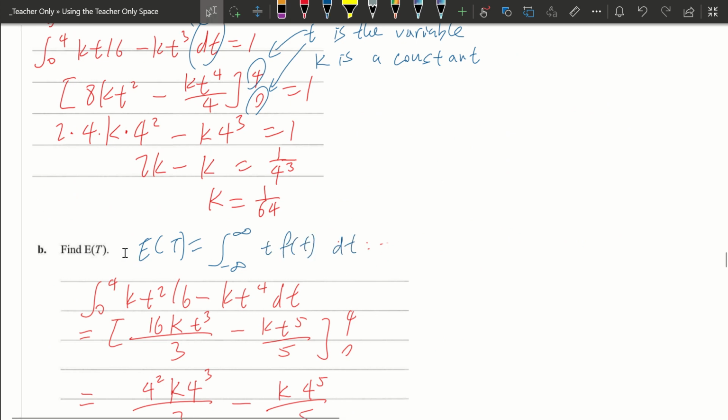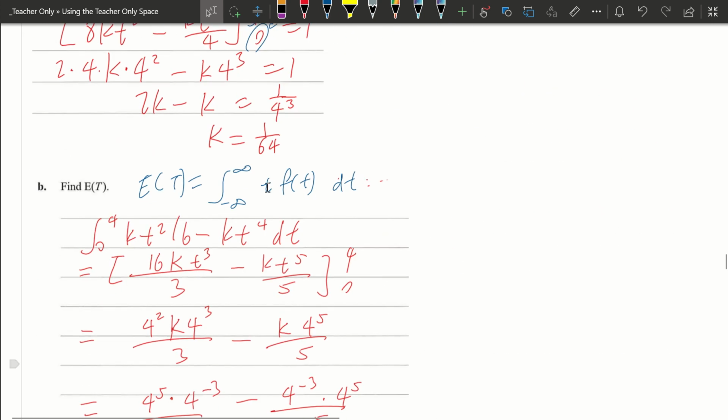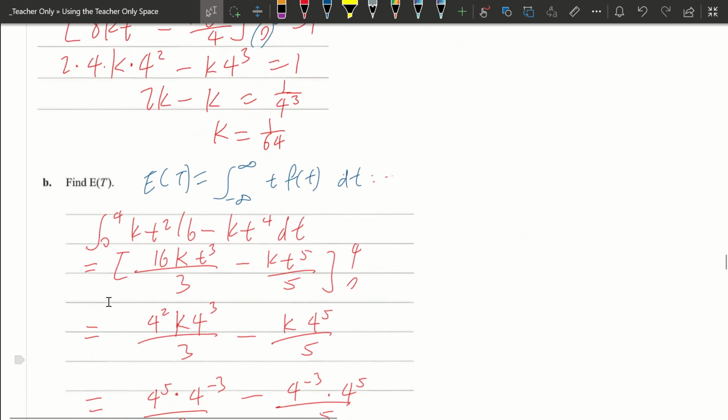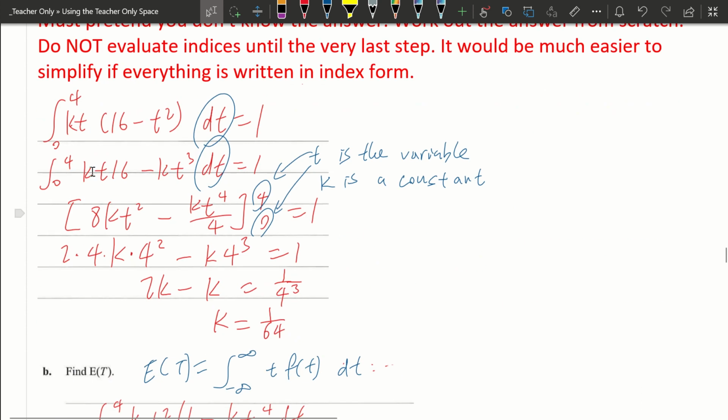Right, so expected value of a continuous probability function is the variable times the function itself, integrated over the whole domain. So in this case, the domain is 0 to 4, but I have times t here already, so t squared. So basically, this one here, kt over 16 becomes kt squared over 16, because I'm multiplying everything by t, and t cubed becomes t to the power 4.